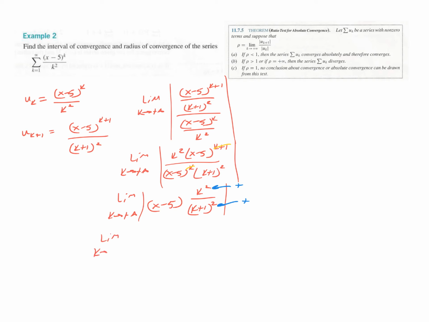So limit k approaches positive infinity, x minus 5 absolute value times limit k goes to positive infinity, k over k plus 1, whole thing squared. Life is good. I know this limit is equal to 1, so that means my limit here, that's very, very messy on the notation, my apologies, is x minus 5. Boom.